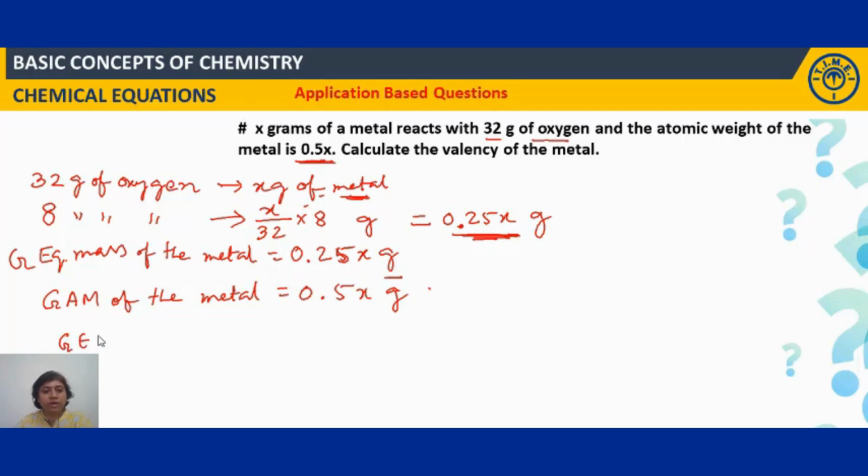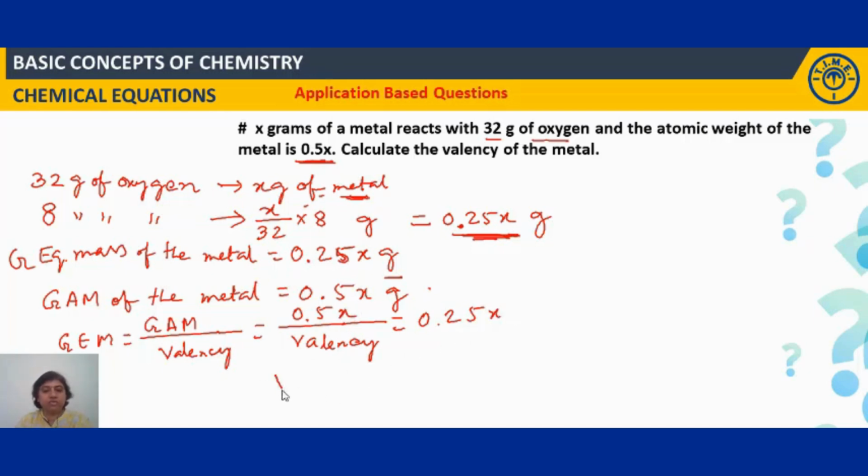Gram equivalent mass is equal to gram atomic mass divided by valency. So gram atomic mass 0.5 X divided by valency is equal to gram equivalent mass, which is nothing but 0.25 X.